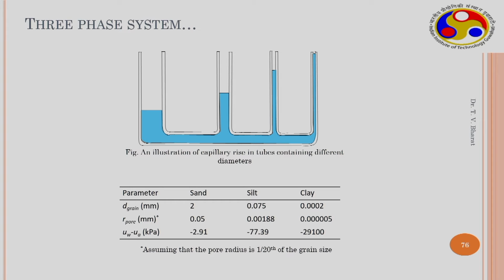We have seen that if you have a capillary with a diameter as small as the clay pore size, then the capillary rise would be very high, as high as 2910 meters, so nearly 3 kilometers.